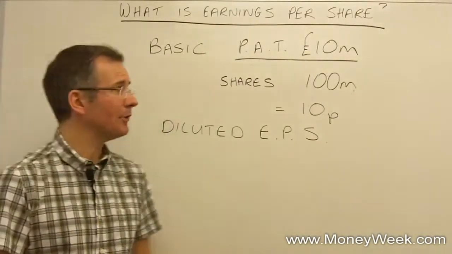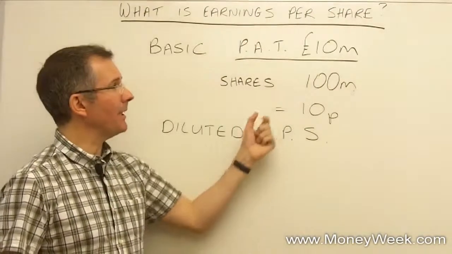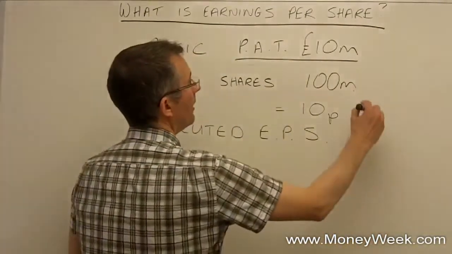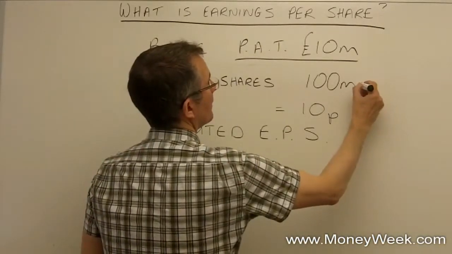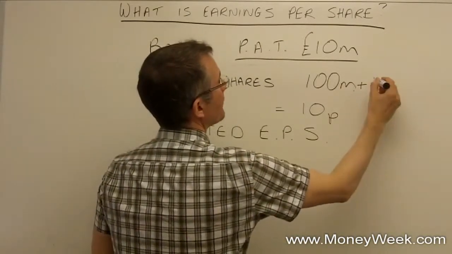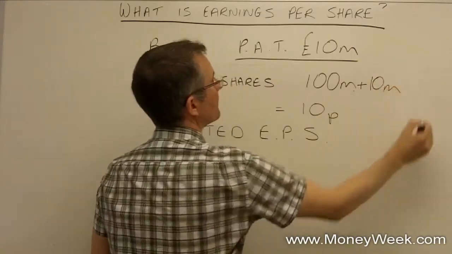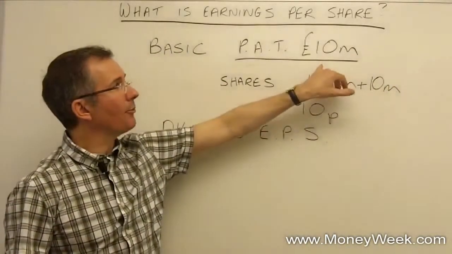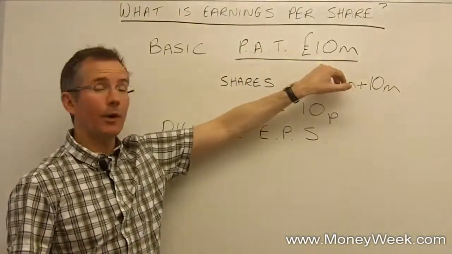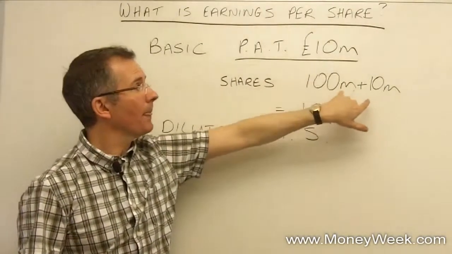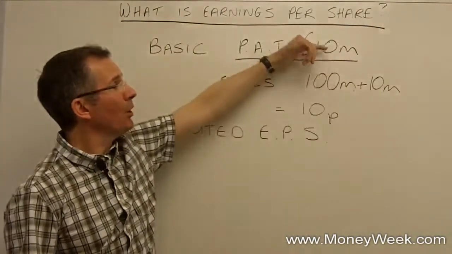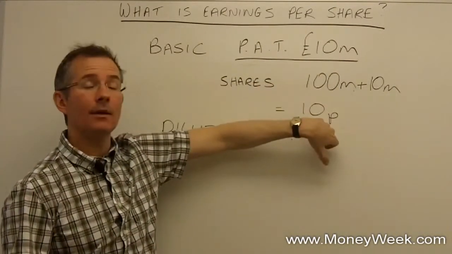So diluted earnings per share would say, well actually, maybe existing options could create another, for argument's sake, 10 million shares. And if that's the case, 1 year's profit after tax for the last 12 months won't change, but the bottom of this formula does. So you can see that's going to pull down my 10p.